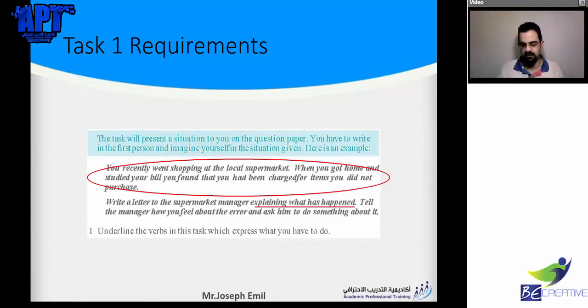I felt that there had been a fraud. Then we see how you feel about the error, and ask him to do something about it. So first we explain, we tell them how we feel, and we ask him to do something about it.